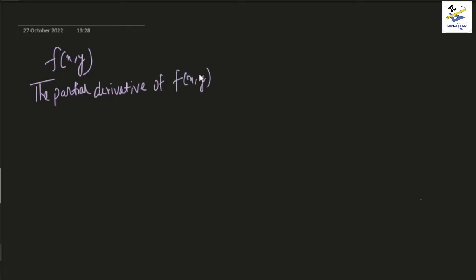So for example, if we had a function f of x comma y, and we were looking to find the derivative with respect to x, then we would say that the partial derivative of f of x comma y with respect to x is, and we would write this as d1 of f x comma y, where d1 just denotes the derivative with respect to the first variable.